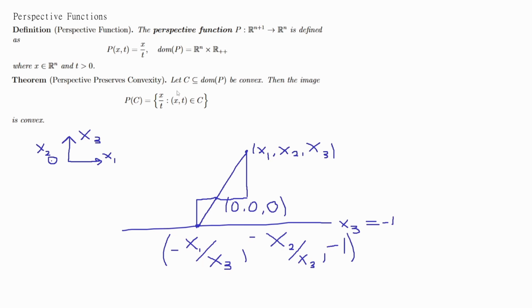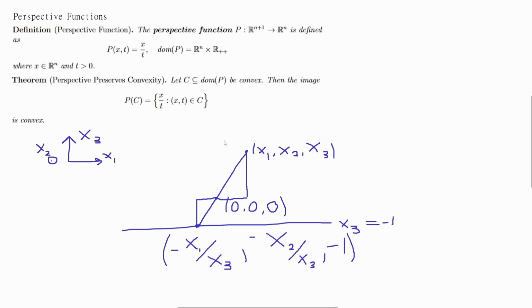So going back to our claim that perspective preserves convexity. It says here that if C is a set that's a subset of the domain of P, so that has to be convex, then the image of that under the perspective function is also convex. What that is really saying is: take all the possible values for our object, not just x1, x2, x3 in particular, but all possible values of x1, x2, and x3 that it can make up.